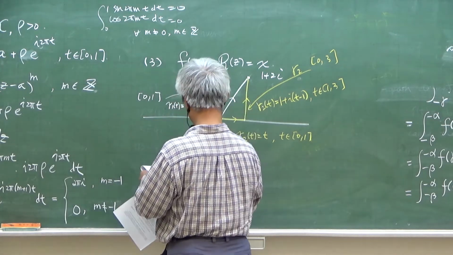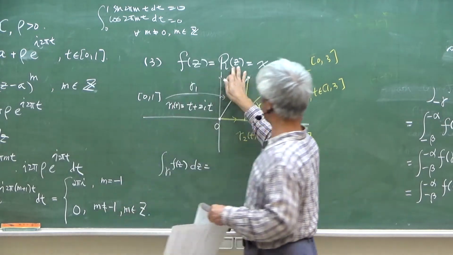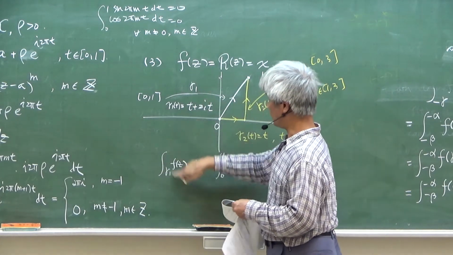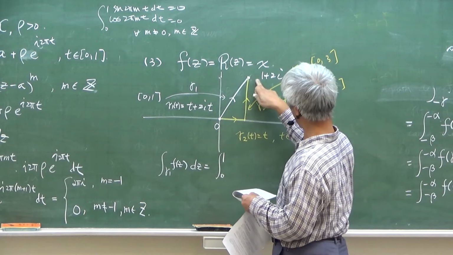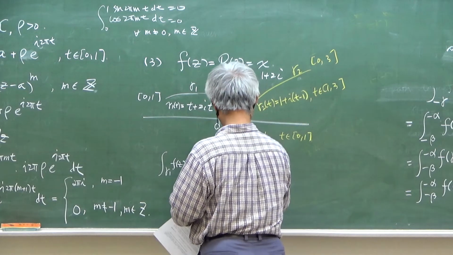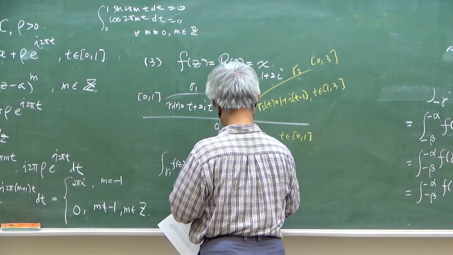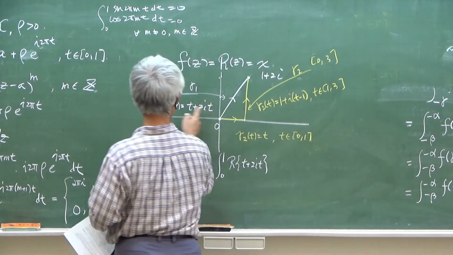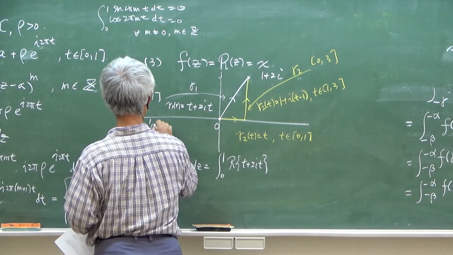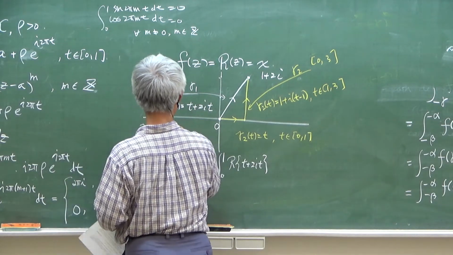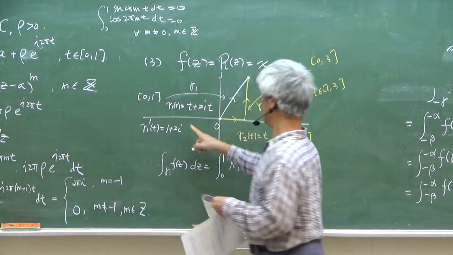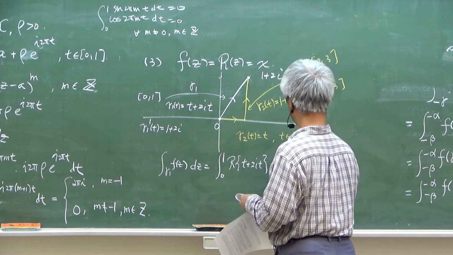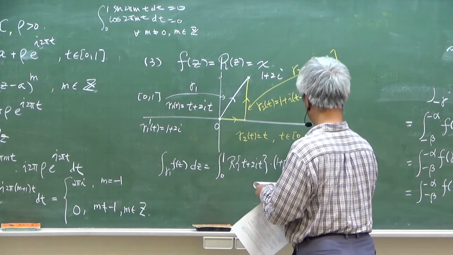So now we evaluate f(z), which is just the real part. Now, for gamma 1, from 0 to 1 plus 2i, the real part of t plus 2it. We know gamma 1 prime of t is 1 plus 2i, so times 1 plus 2i dt.